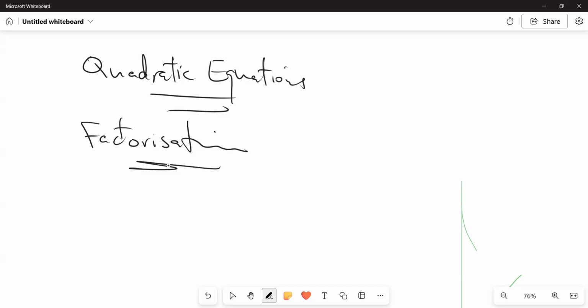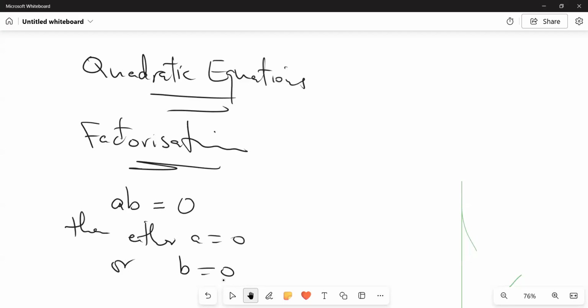So what's the whole idea behind this? Well, there's an idea like this, right? That if two numbers multiply to give you 0, then either A equals 0 or B equals 0. Look at that and tell me if that makes sense to you.